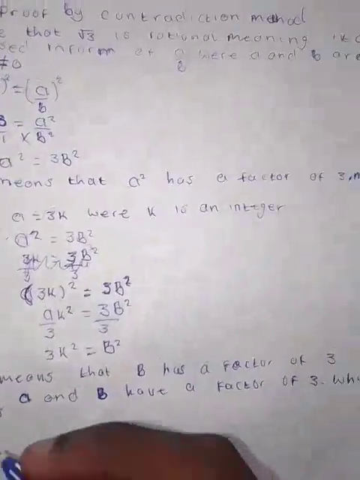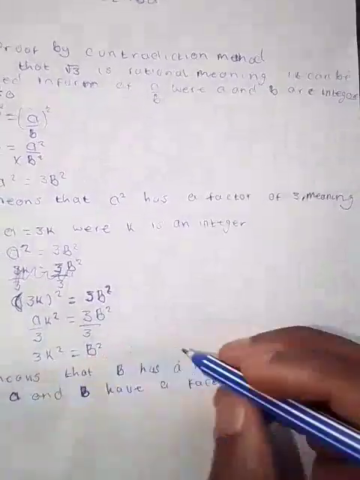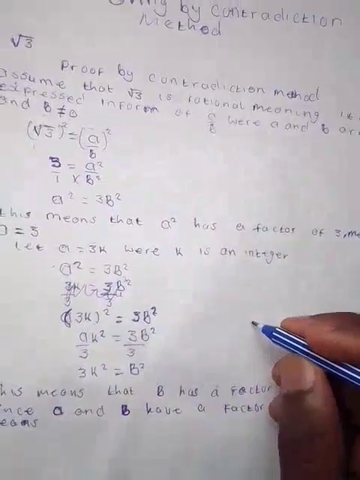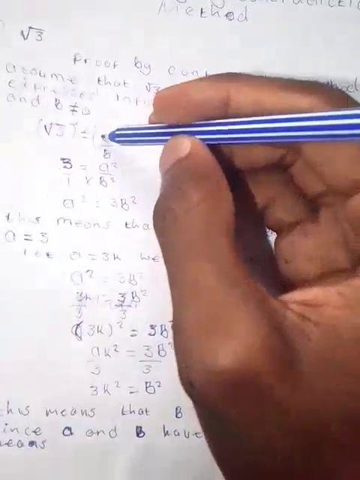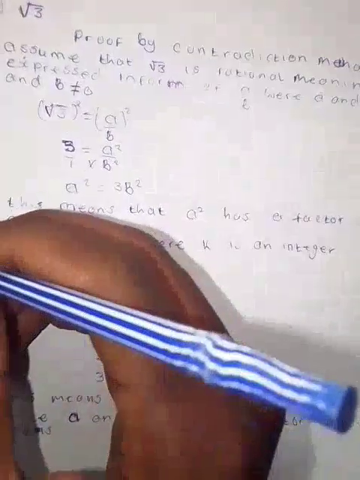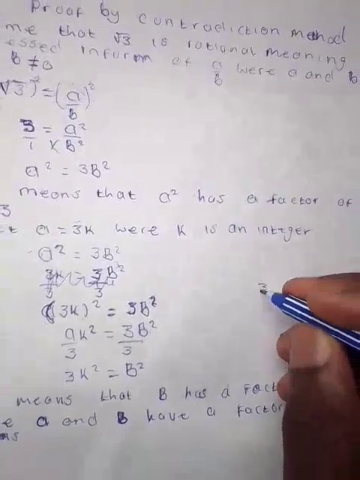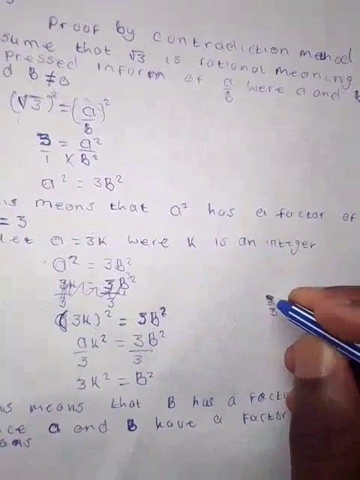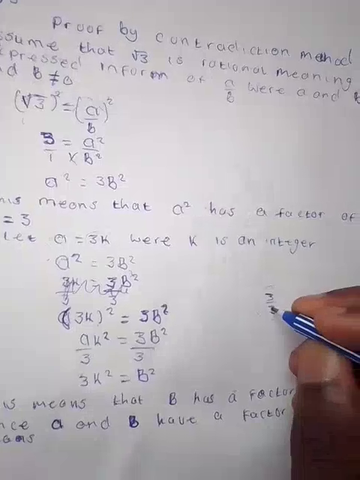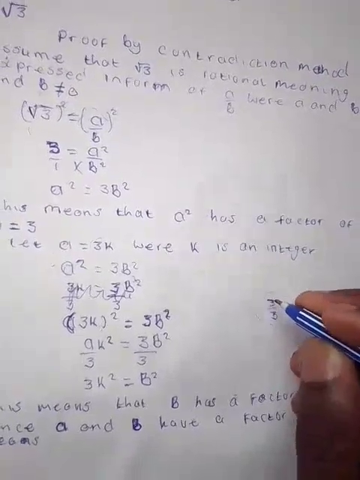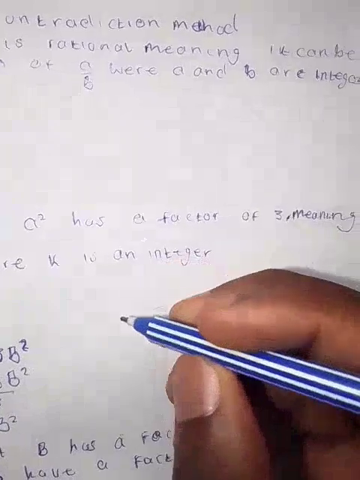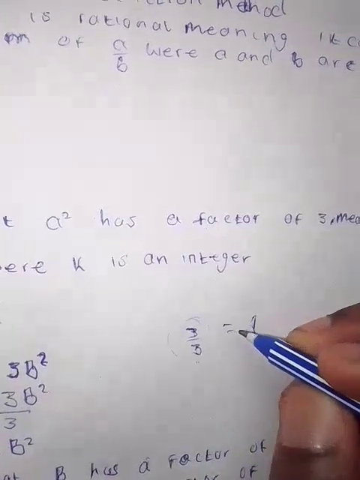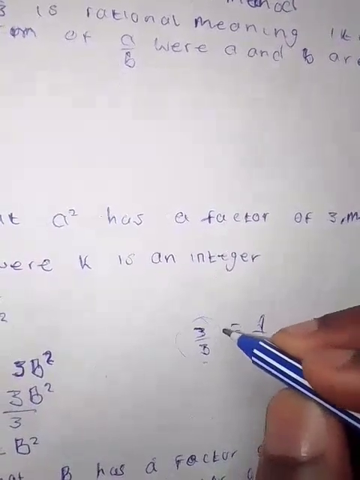So we've just figured out that a is a multiple of 3 and b is a multiple of 3. They cannot be expressed as a fraction in lowest terms, because 3 divided into this one is going to give us 1. Remember, we said that an irrational number is one that cannot be expressed in the form of a fraction.